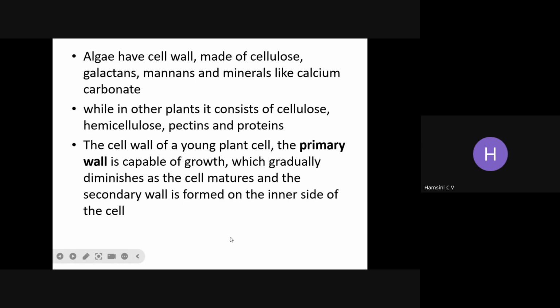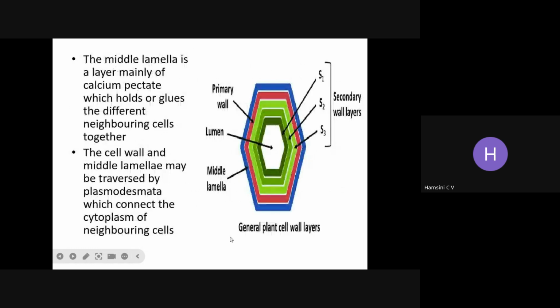I have a picture for this. Can you see this picture, children? Yes, ma'am. So this is the layers of cell wall. This is the primary cell wall, the first formed.